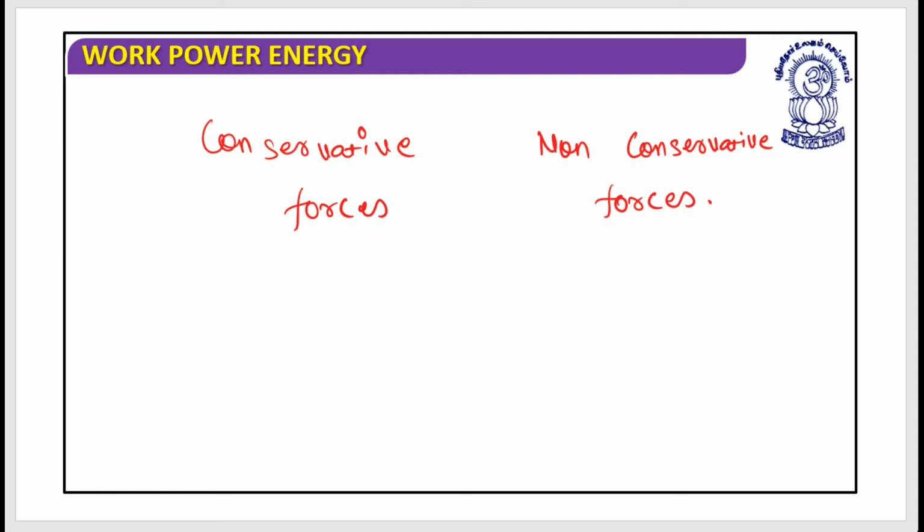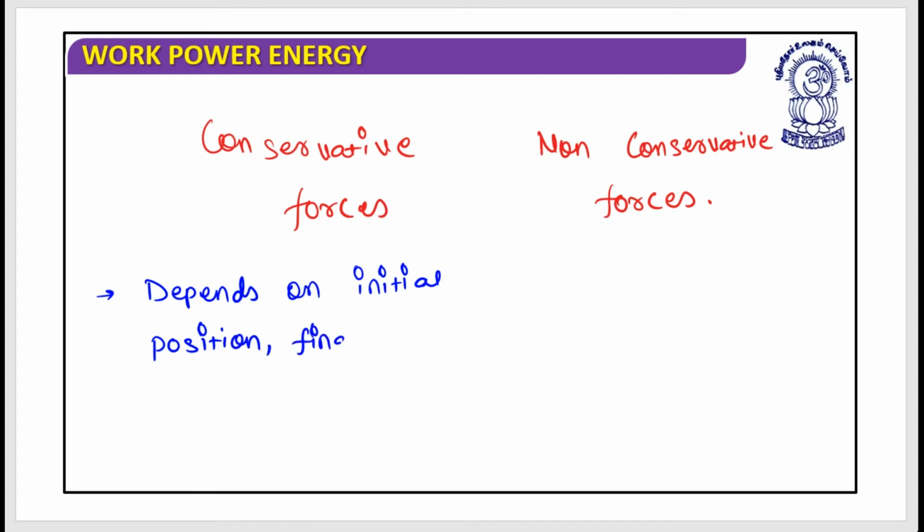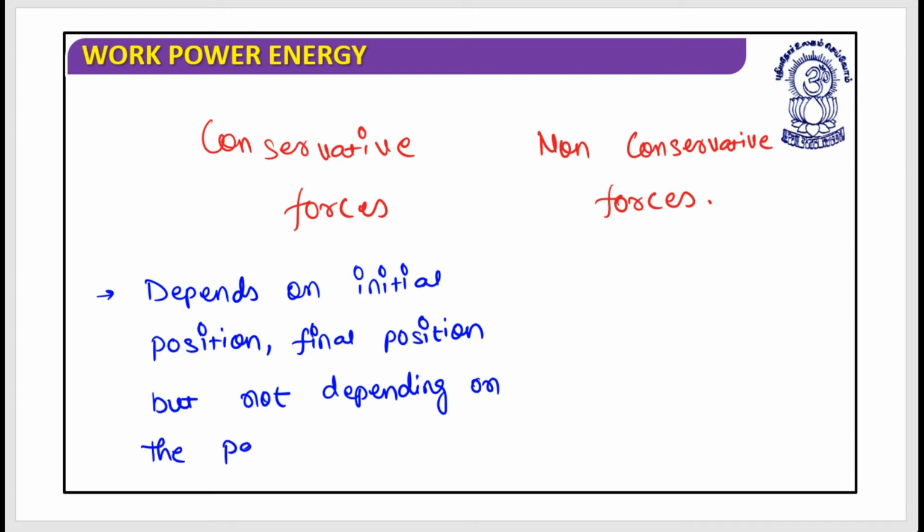When we discuss conservative forces, they depend on the initial position and the final position, but not on the path taken to reach the final position from the initial position.